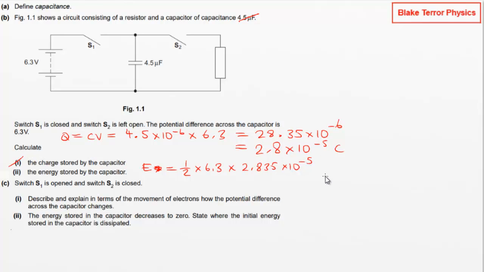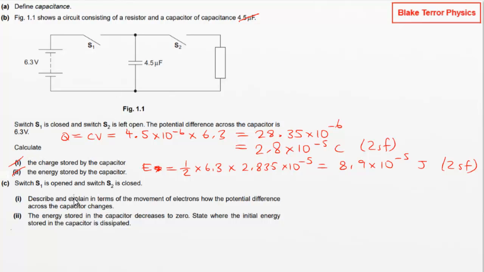I think I will go for the calculator on that one. And that comes out at 8.9 times 10 to the minus 5 joules for two significant figures. So, a couple of easy starter calculations.